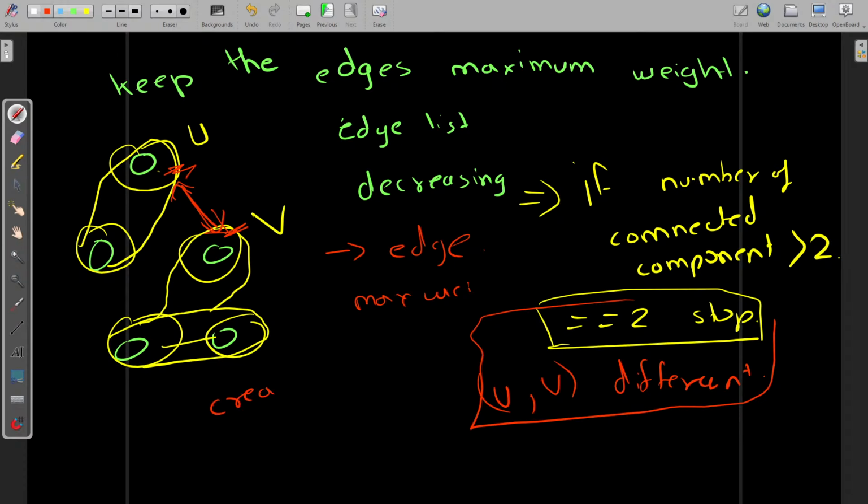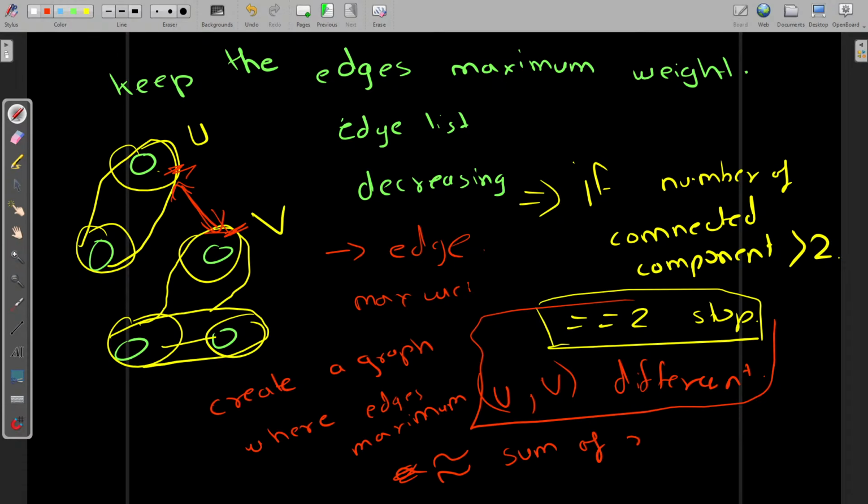create a graph where the sum of edges is maximum, and that also means the sum of removed edges is minimum, which was our problem.